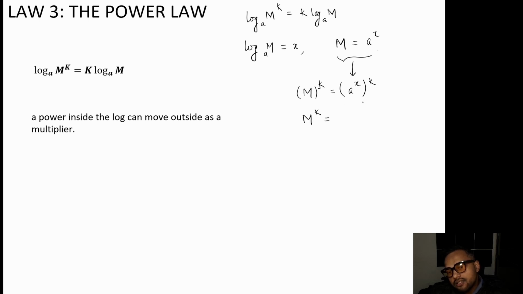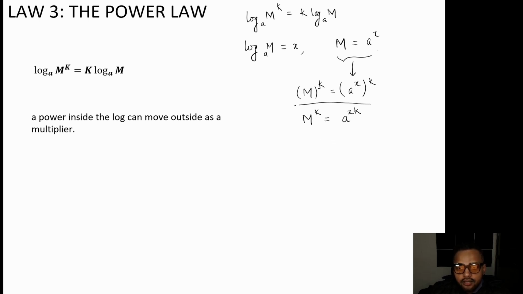Now again, the law of indices, which we have learned earlier in our previous classes. According to that law, m raised to the power k will be equal to a raised to the power xk.